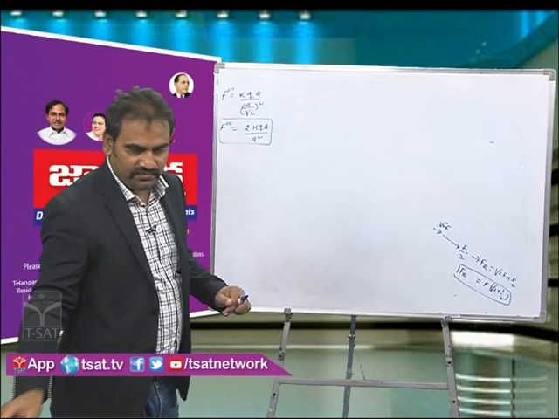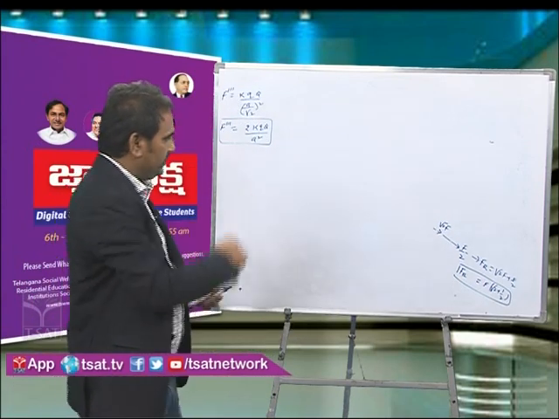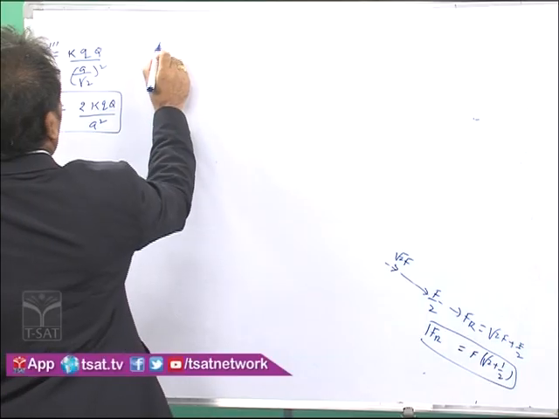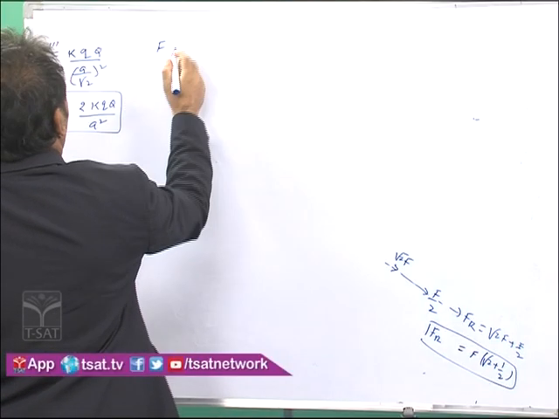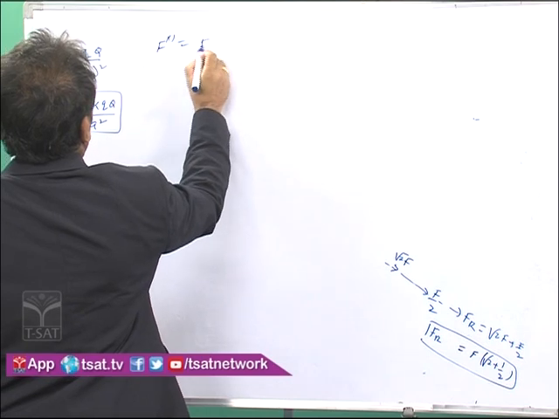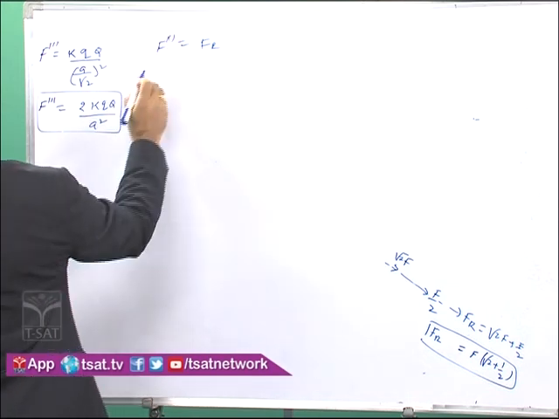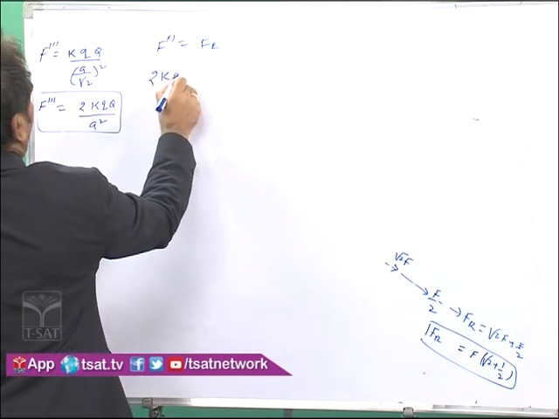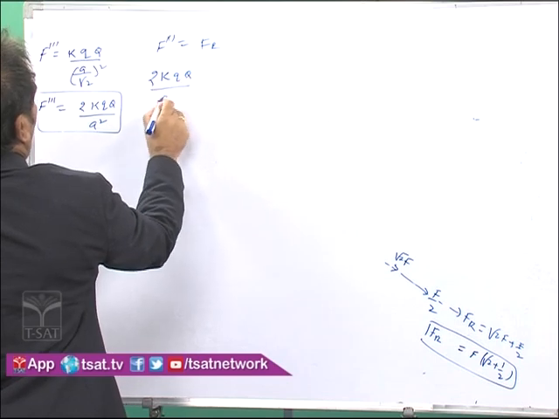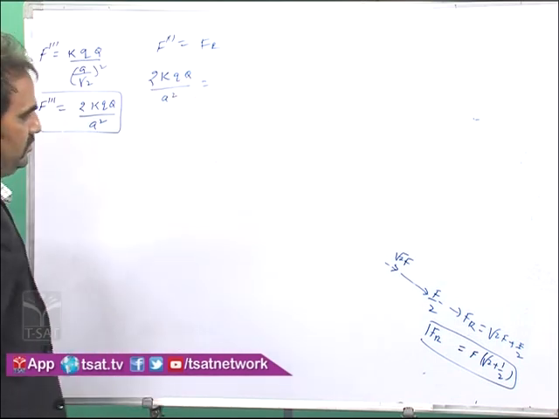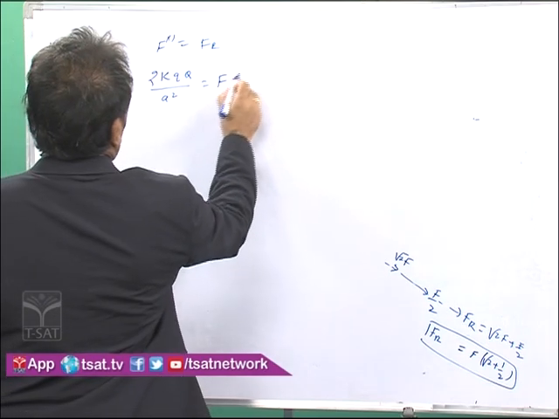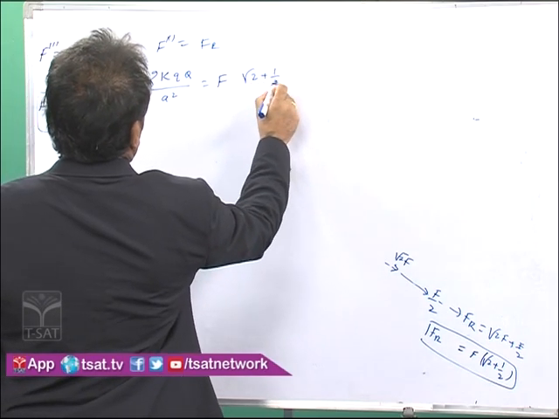The resultant of the force of the system already we have calculated, that is Fr. When F triple dash is equal to Fr, then the system will be in the equilibrium condition. What is the F triple dash value? 2KQQ upon a square is equal to F into root 2 plus 1 by 2.